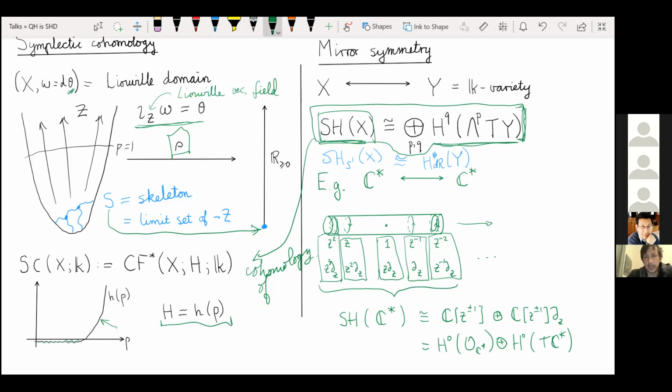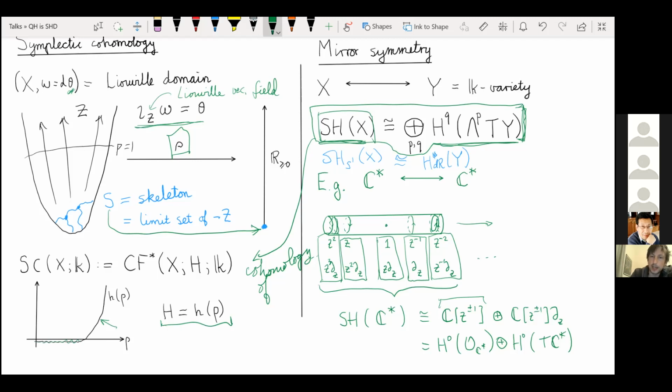When you put it all together, you've got a Z worth of generators on the top line, and they give you a basis of Laurent polynomials in z. Then you've also got a Z worth of generators on the bottom line, and they give you, again, Laurent polynomials in z, but you think of those as multiplying the tangent vector del del z.